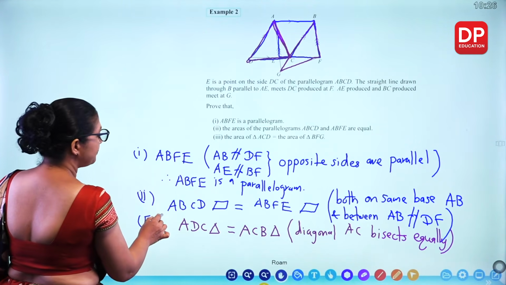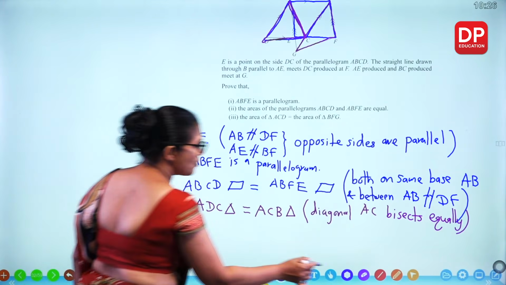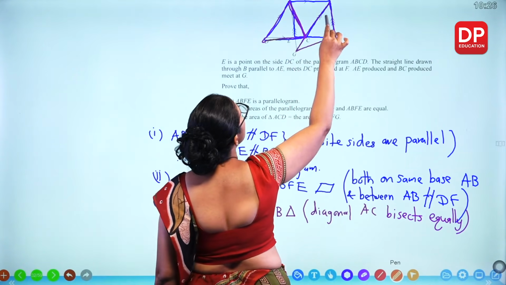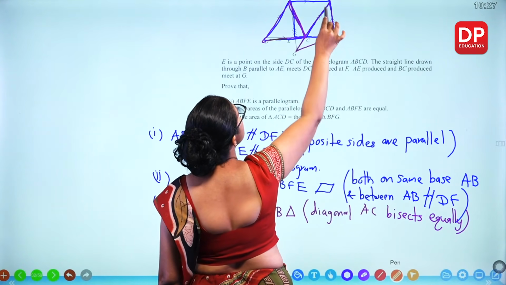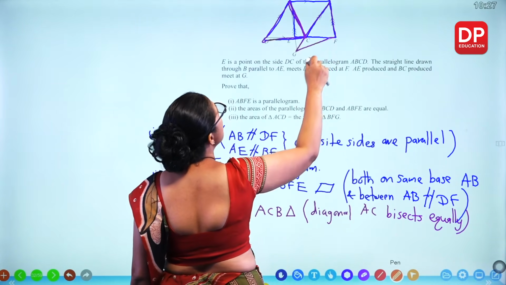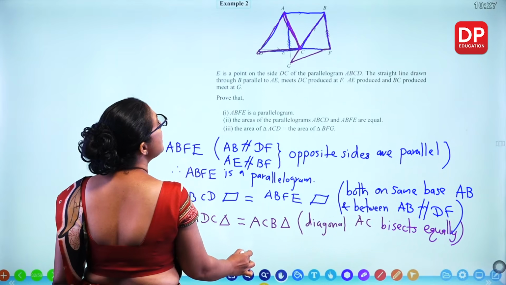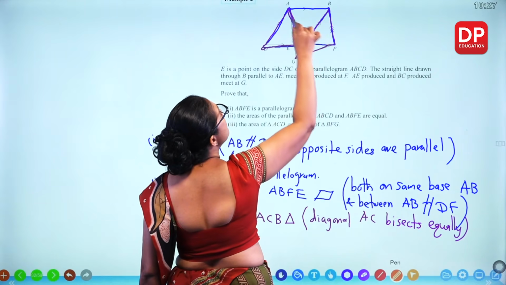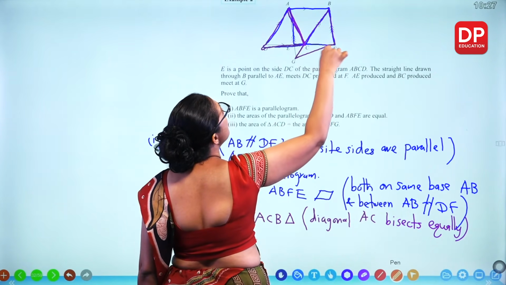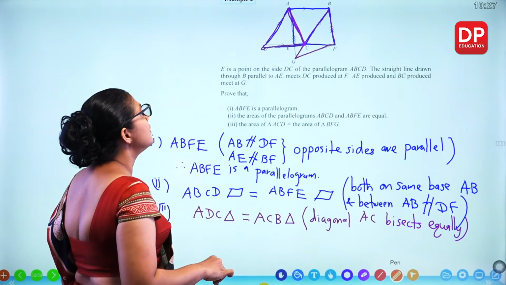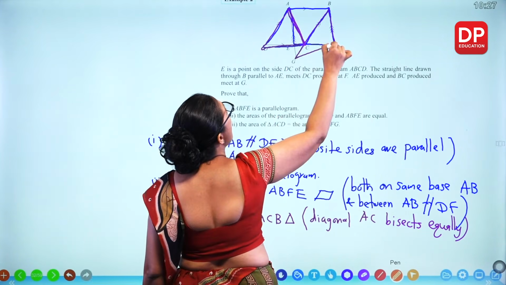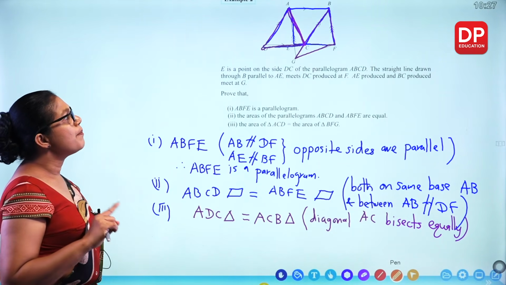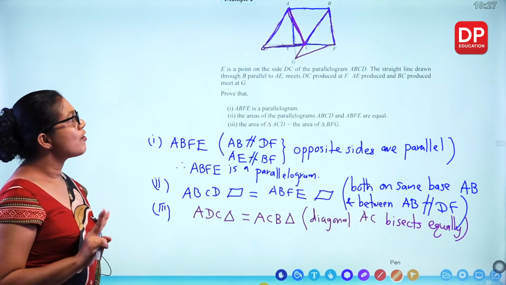Then what's the next part? We can also say, when you take this base, BF base, and in between these two lines, this area is half of this parallelogram, because the triangle and the parallelogram are in between the same pair of parallel lines.